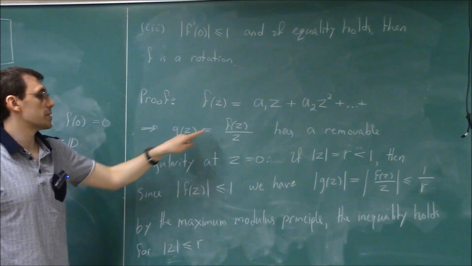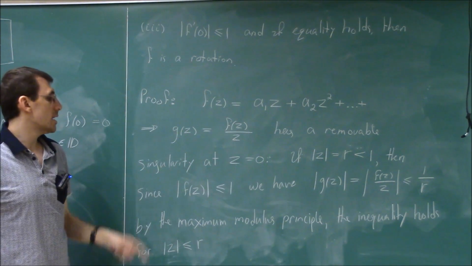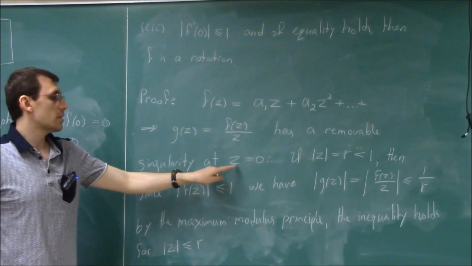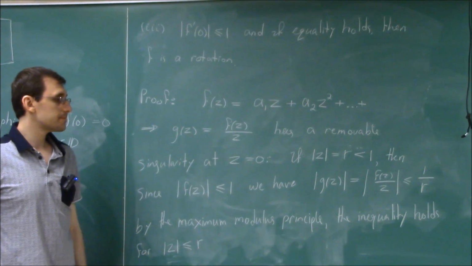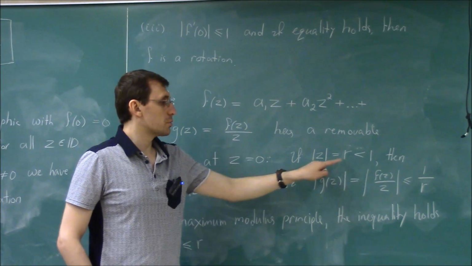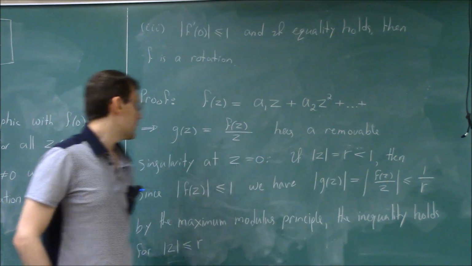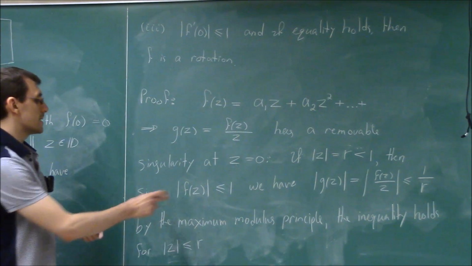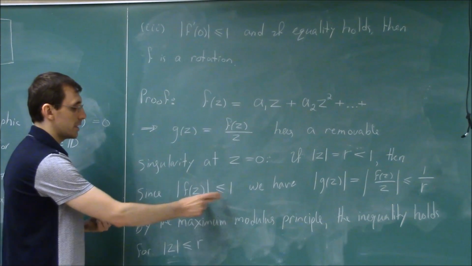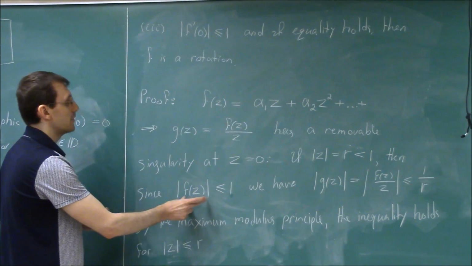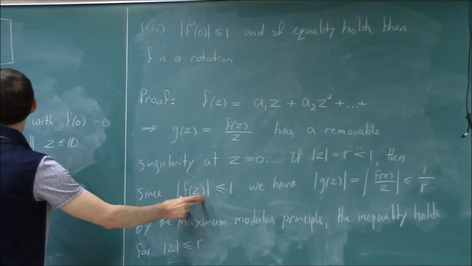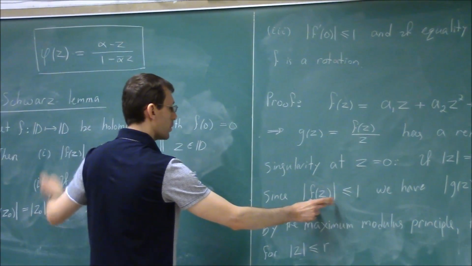In other words, g of z, which is f of z over z, has a removable singularity at z equal to 0. So then if the modulus of z is equal to r, where r is smaller than 1, we know that the modulus of f of z, by the maximum modulus theorem, cannot exceed 1. Actually, we don't even need that. f is mapping into the disk D, so its image size is no more than 1.